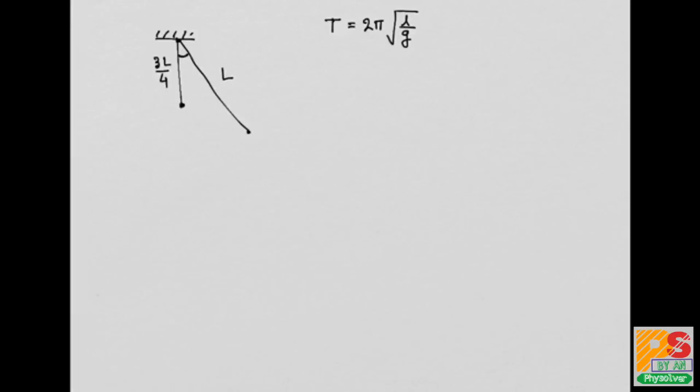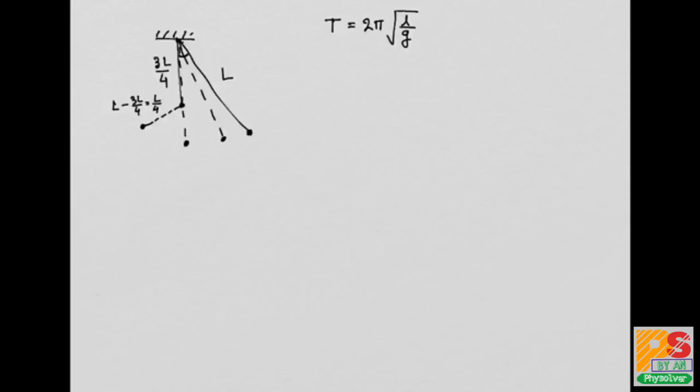Now see, initially the bob will move like this and up to this point, right? After this point, the effective length of the bob will become L minus 3L by 4, that is L by 4. So the time period will also vary.